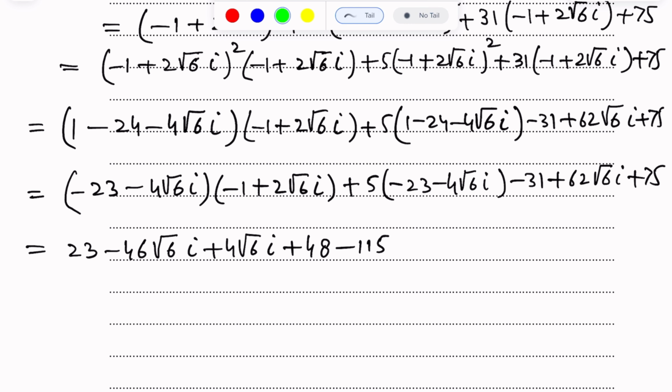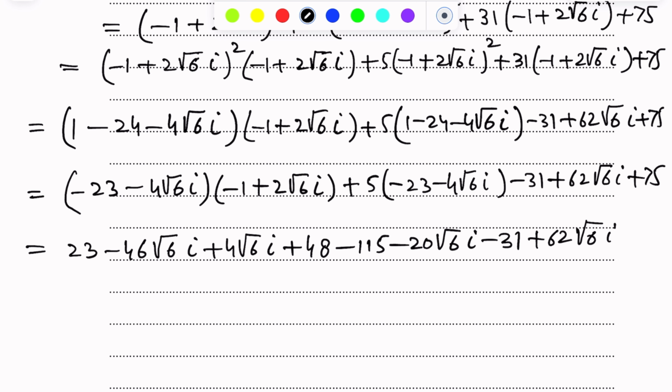Multiplying 5 by minus 23, we get minus 115 minus 20 under root 6 iota minus 31 plus 62 under root 6 iota plus 75.